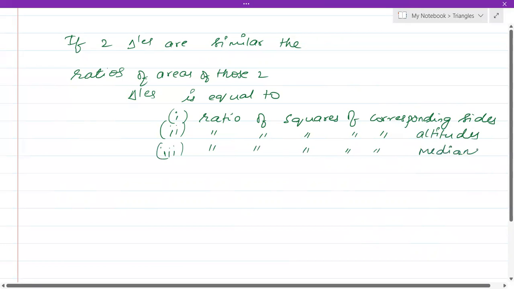So we can have sides, or altitudes, or medians. These are the three important results that we can conclude if two triangles are similar. We can conclude only when the triangles are similar. Otherwise, we cannot use this.